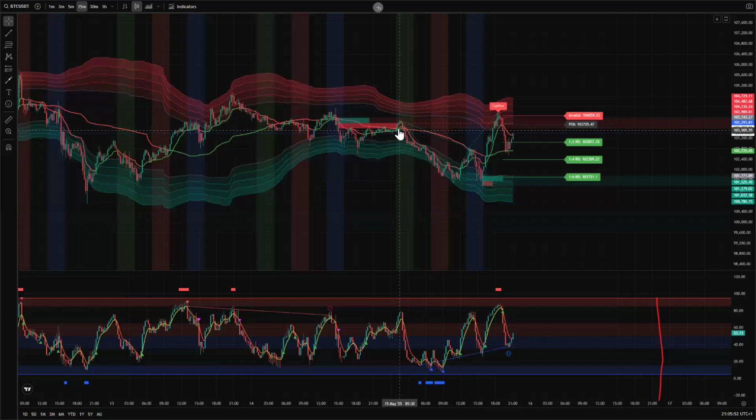So people that entered BTC for a sell during the Asian session and held on to it saw the trend continue through the London session and start reversing in the New York session. So it's very, very important for us to look out for these things.